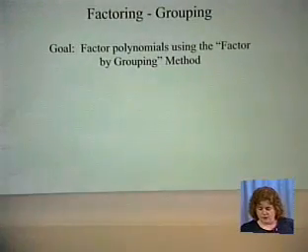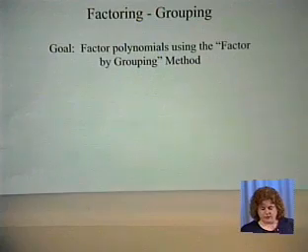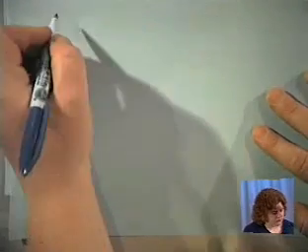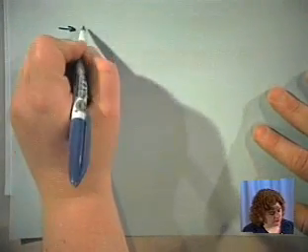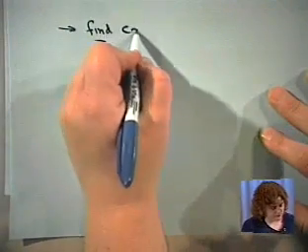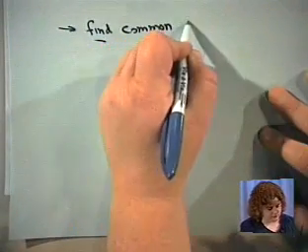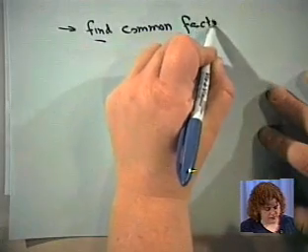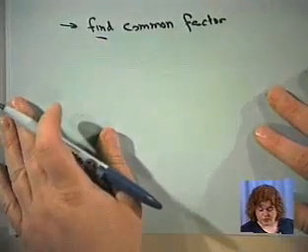Now, in this, we're trying to find a common factor when one is not obvious. It's the second kind of factoring we'll try to use.